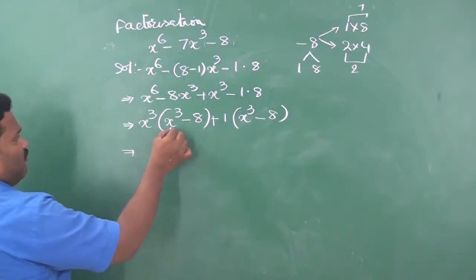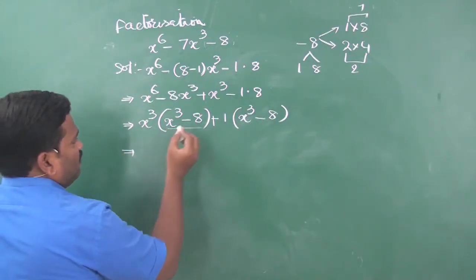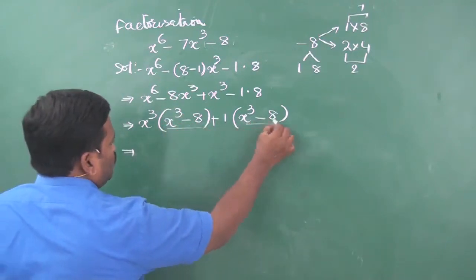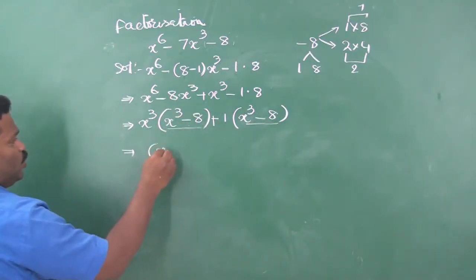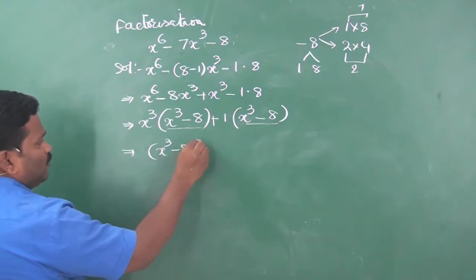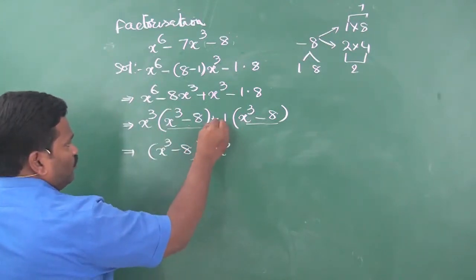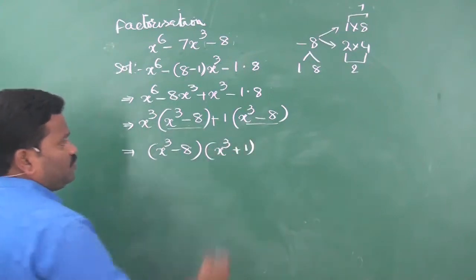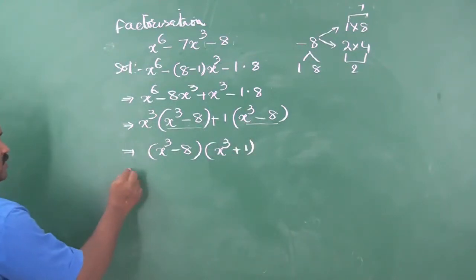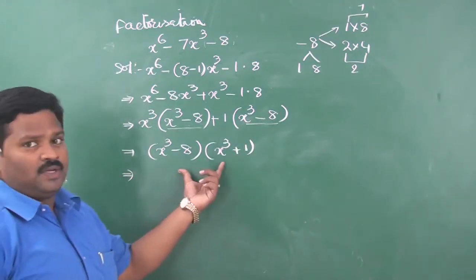Therefore, observe again, we have the same factor, x cube minus 8, x cube minus 8. Take x cube minus 8 as common. Here we have x cube plus 1. Yes, these are the factors.